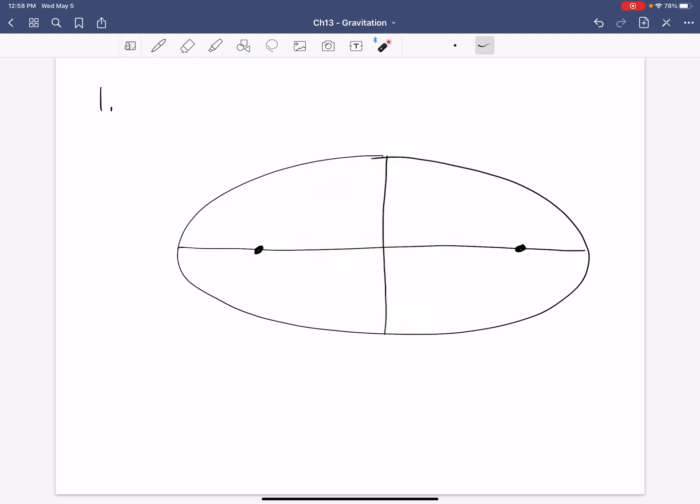So that being said, we have this being the major axis and this being the minor axis. Half of the major being the semi-major and half of the minor being the semi-minor.